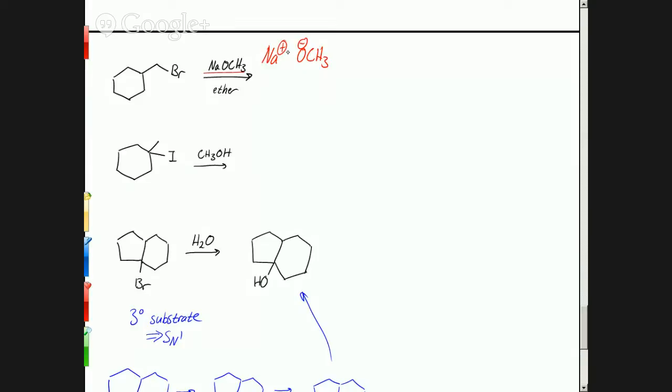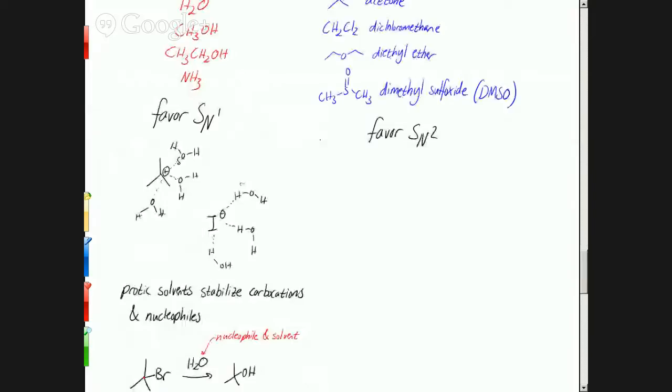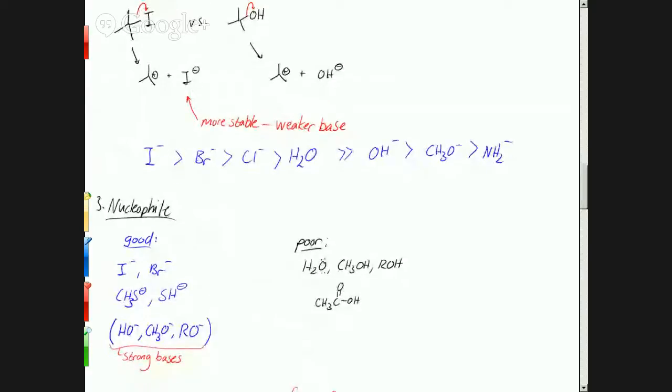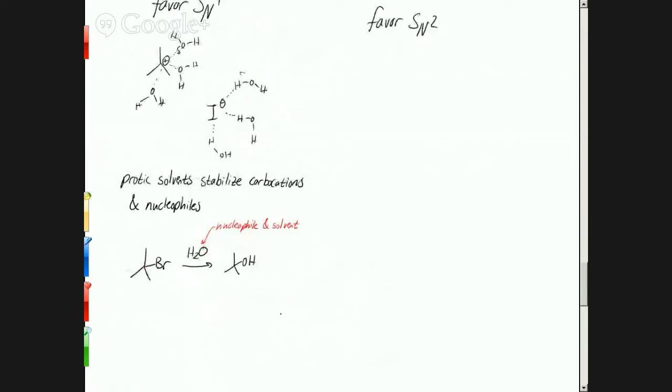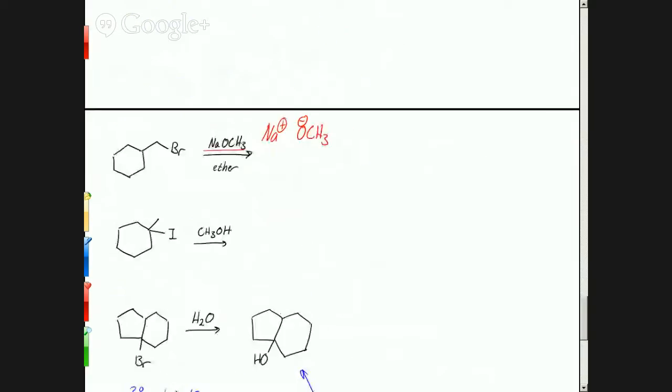So this is very similar to something like hydroxide, but instead of OH, it's OCH3 with a negative charge on the O. So if we go back up to the nucleophile list here, that's going to be one of those strong base nucleophiles. So that's your nucleophile right there. That's the thing that's going to be a strong nucleophile, that methoxide.